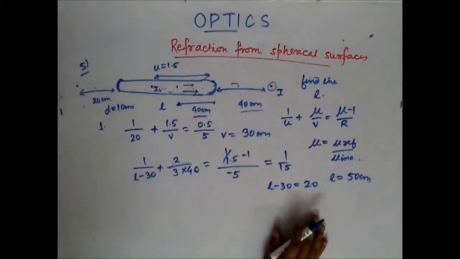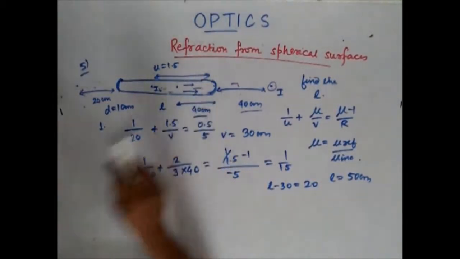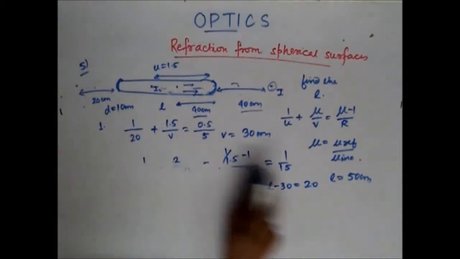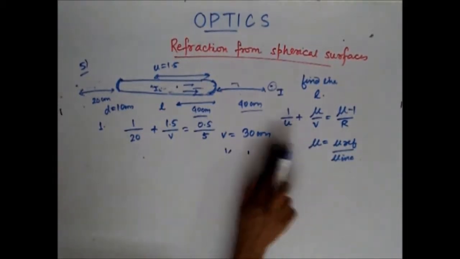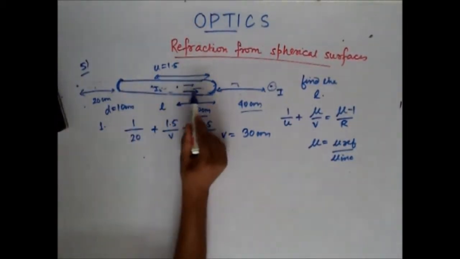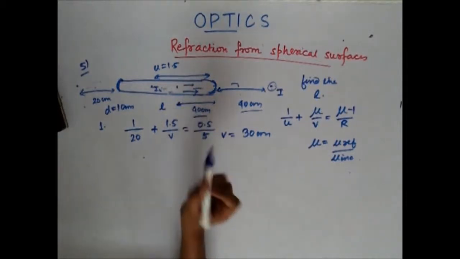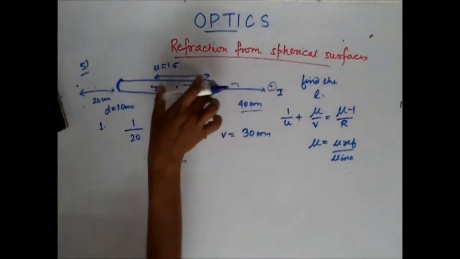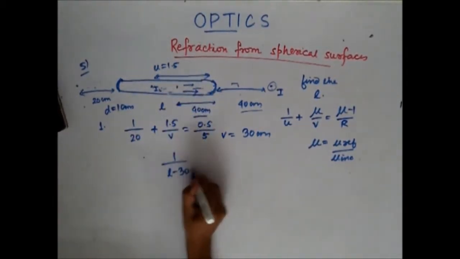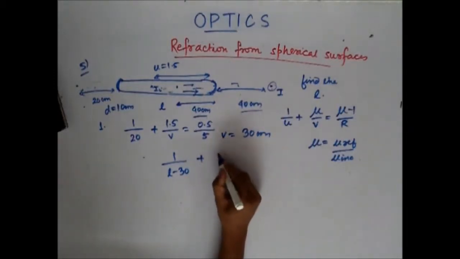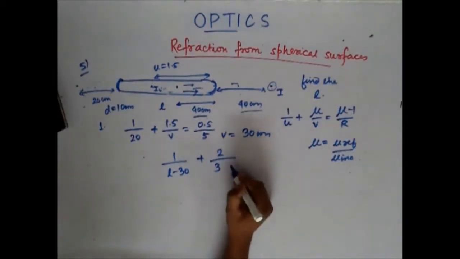The second case is when the image is formed 40 centimeter to the left of the surface. Let's discuss that case. Now when the image is formed 40 centimeter to the left of the surface, what is u? U still remains L minus 30 plus mu by v. What is v now? V is negative.